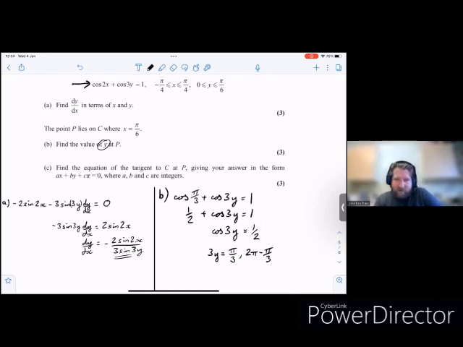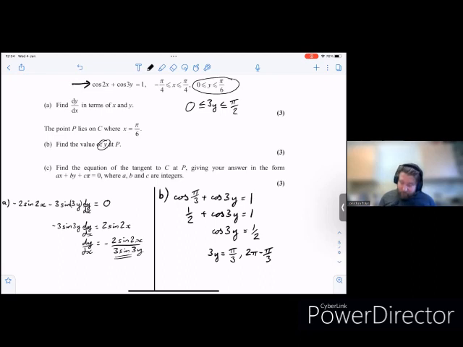Well, the question tells us we're only going to get one answer. It says find the value of y at P. So we've got the restriction here on y. Y is between 0 and pi over 6. So that means 3y will be between 3 pi over 6, which is a half pi, and 0.